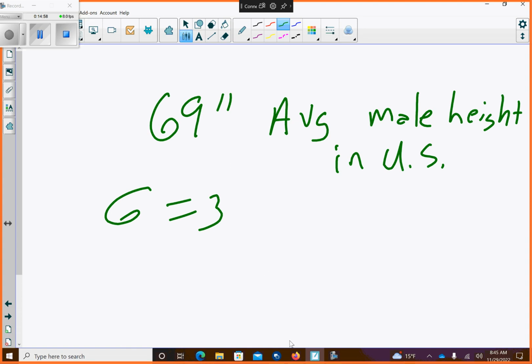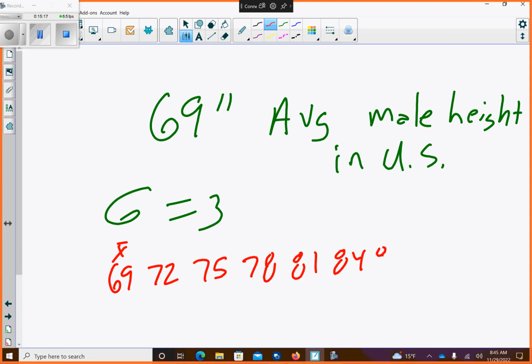All right. So if you think about this, 69 is the average. One standard deviation is 72, 75, 78, 81, 84, 87.